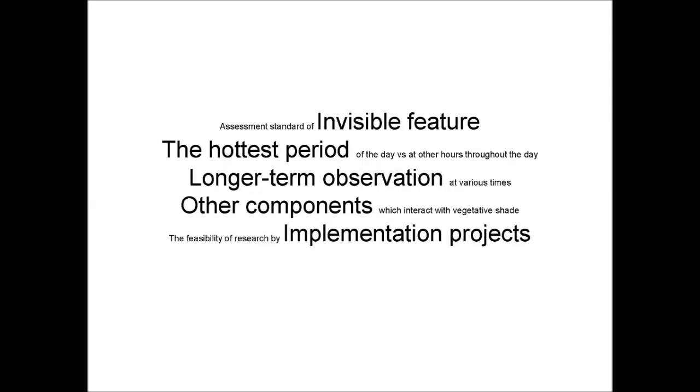So we would like to not conclude, but rather leave an open-ended discussion, because shade is invisible. It is hard to build an assessment tool in a short time. Therefore, only long-term empirical data through an implementation project will give a convincing guideline in the end.